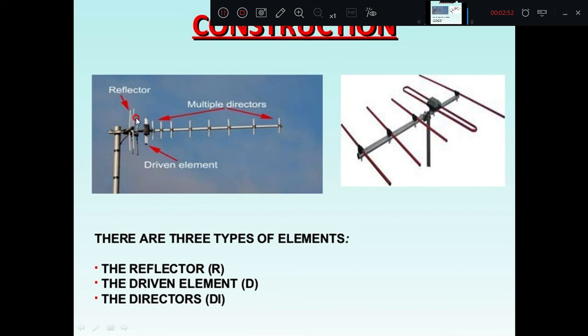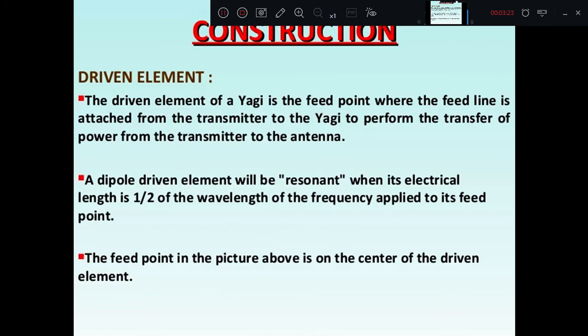One is a reflector at the leftmost end, next to the reflector is a driven element which drives the power, and next are multiple directors which are placed parallel. So these are the three types of elements involved in the construction of the Yagi-Uda antenna: a reflector, a driven element, and the directors.